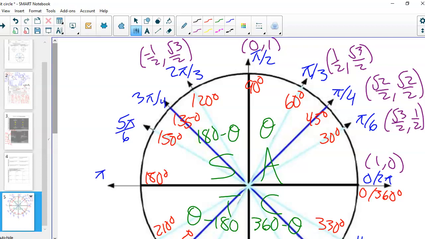It's 45. Only sine is positive, so this will be negative root 2 over 2, root 2 over 2. 180 minus 150 is 30. So if I'm looking at 30, it's going to be negative root 3 over 2, 1/2.